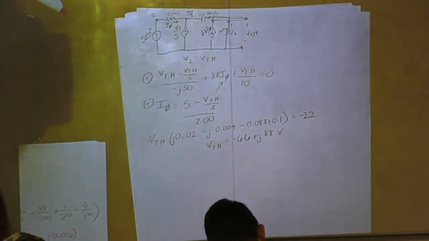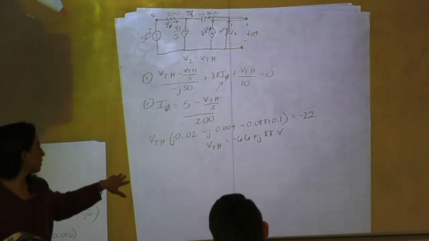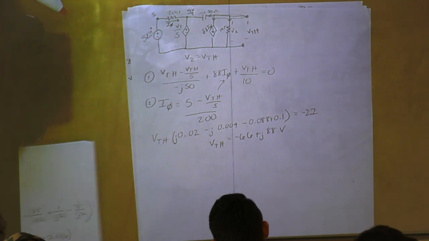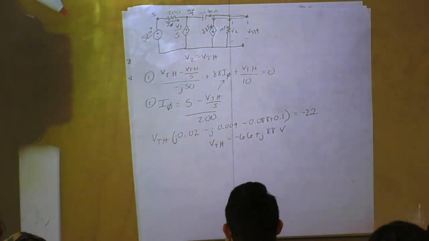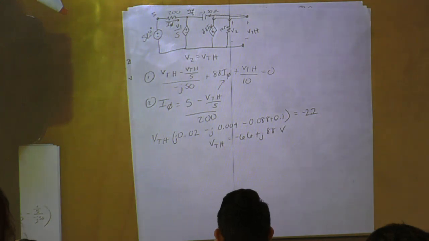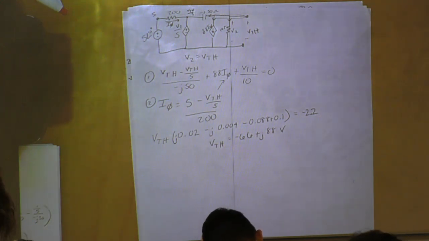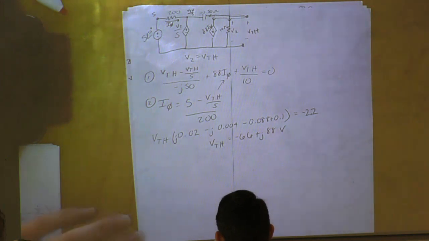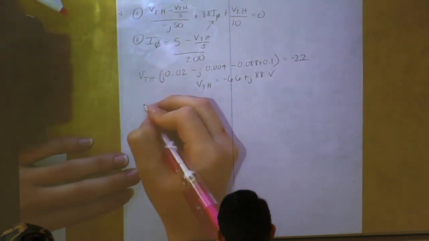Is everyone okay with the circuit analysis on this one? Simple VTH. Now for this one, we'll have to find our RTH as well. Again, we have dependent sources, so we cannot do deactivation. I also don't think you'd be able to use a short because everything would cancel out. So we'll go ahead and use our test source.